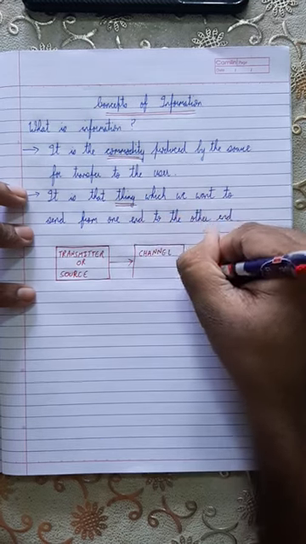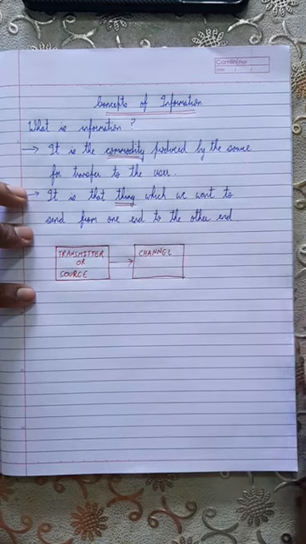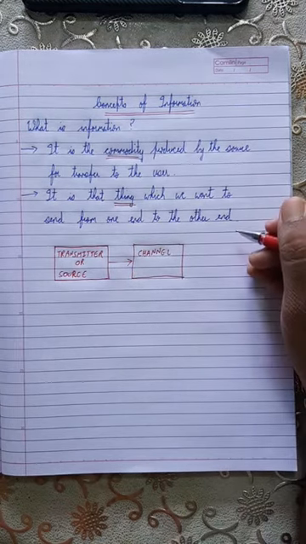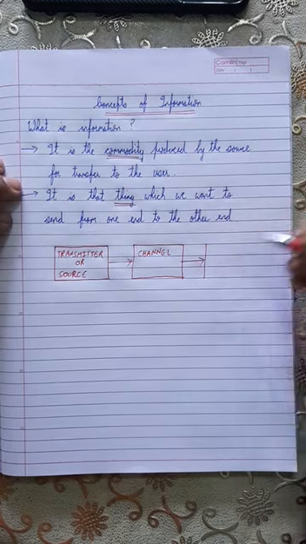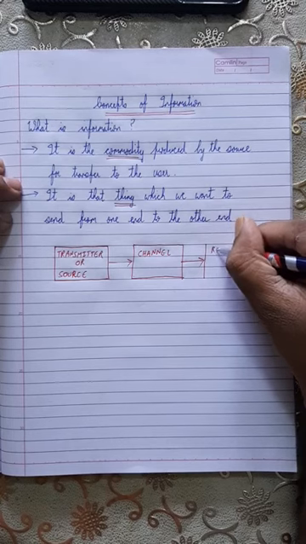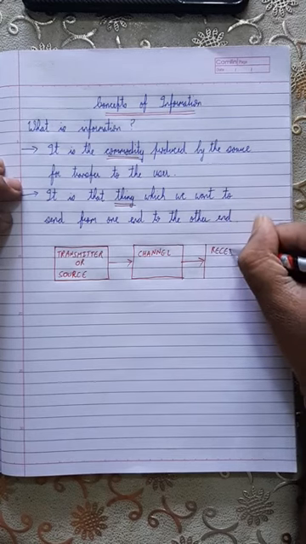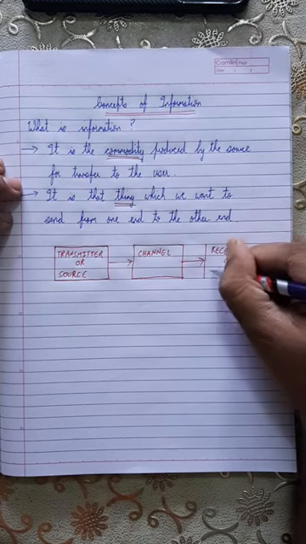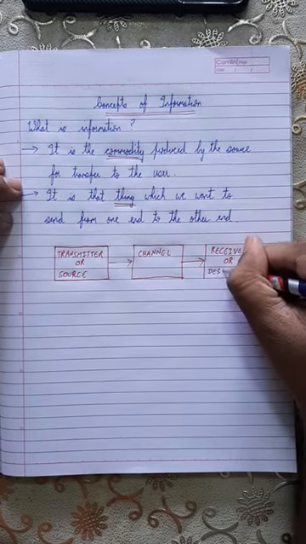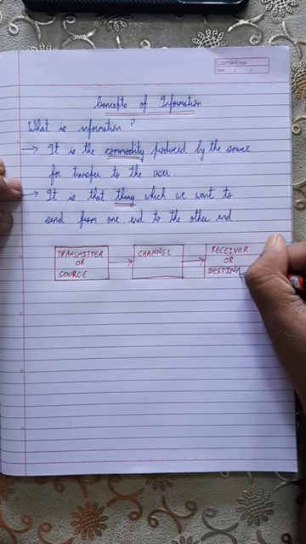And this channel is also called a transmission network, or whatever. It can be air, or it can be space, or it can be any medium, right? And then finally, through this channel, it will reach the receiver. You can either call this a receiver, or you can also call it destination.